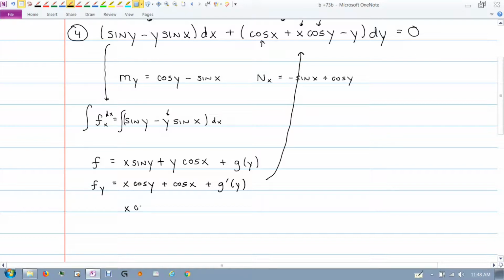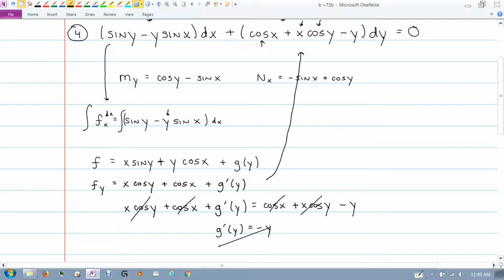We have x cosine y plus cosine x plus g prime of y must equal cosine x plus cosine y minus y. So x cosine y cancels and cosine x cancels, and all you get is g prime of y equals negative y, which means when we take the antiderivative with respect to y, we get g of y equals negative 1/2 y squared, and then plus a constant, but we again don't care about that.